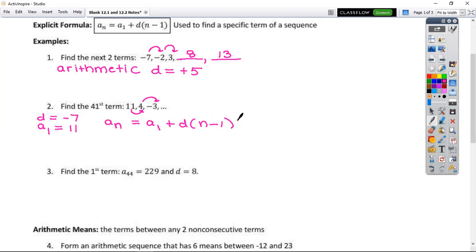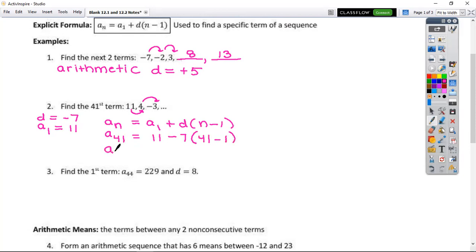All right, I want to find the 41st term. And again, these are all subscripts. So a sub 41 is going to be equal to, so a sub 1 is 11, and then minus the 7, and then you're going to substitute in 41 minus 1.